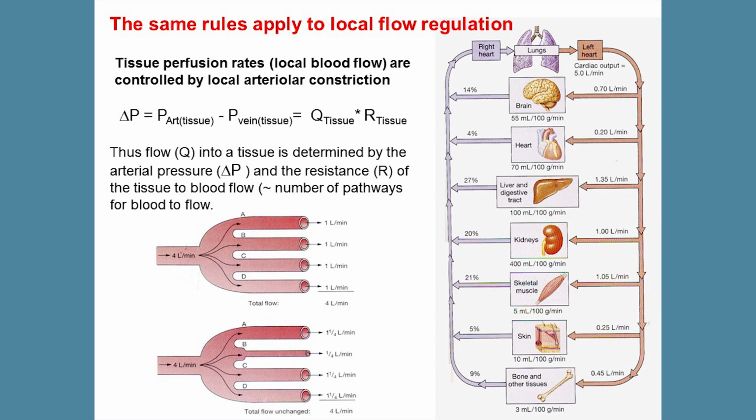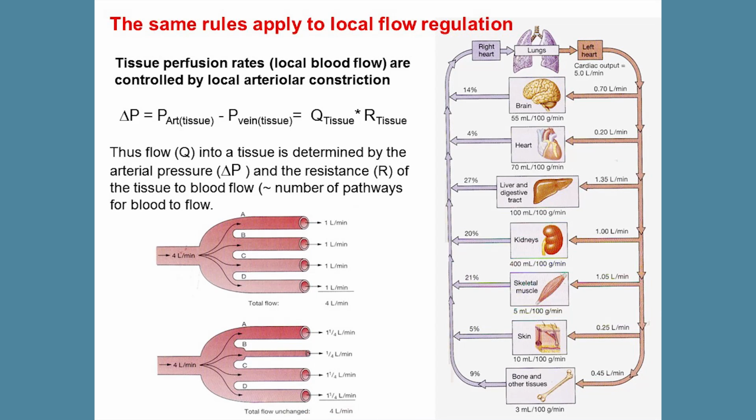We've restated it on this slide: the pressure in the artery minus the pressure in the veins is the delta pressure across the tissue, and that's going to determine the blood flow into the tissue and the resistance within that tissue, or at least they're all intimately related.